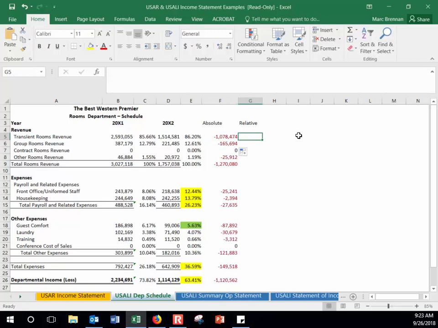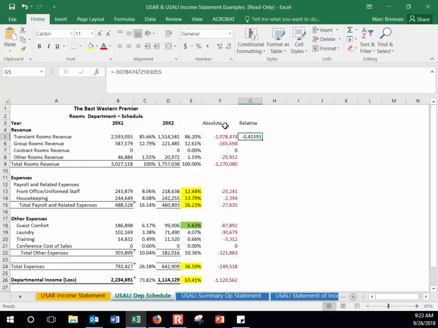But first, let's actually do the relative change. Remember, relative change is our absolute difference divided by whatever you're comparing it to. In this case, we're comparing it to 2011, 25305. So it's the difference between these two years, divided by the previous period you're comparing it to. It could be a budget, right?